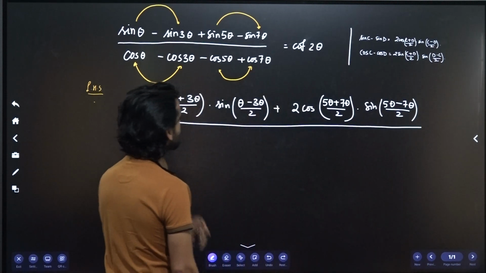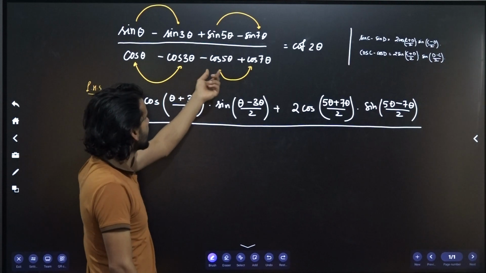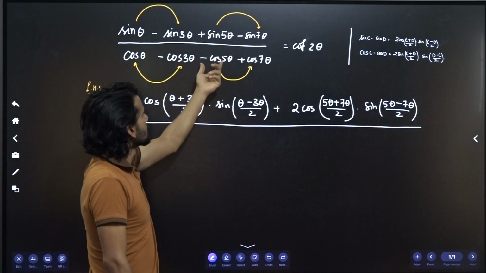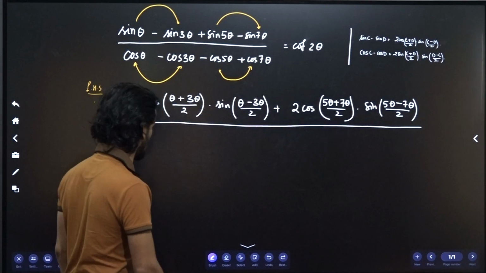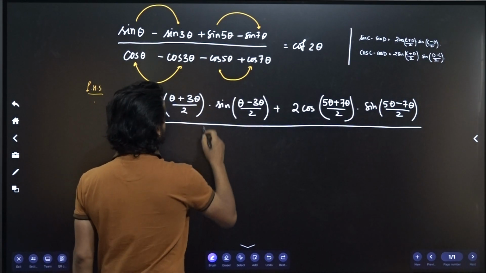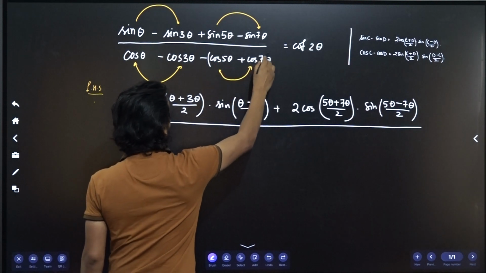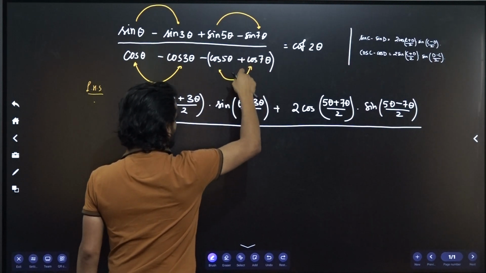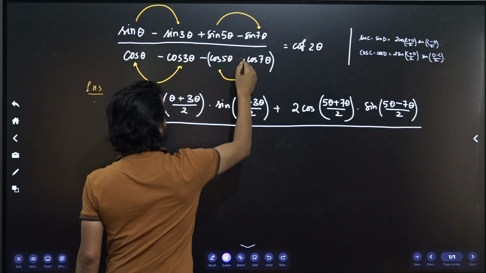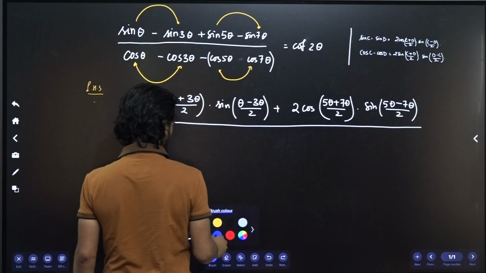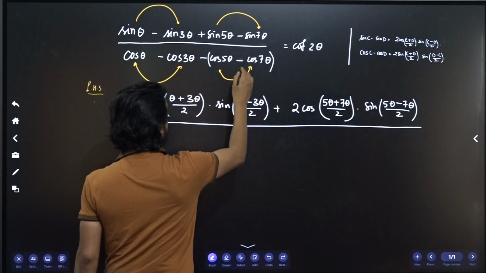There is a small thing that you have to be careful about, because there is a minus common. This is minus cos 5 theta plus cos 7 theta. So if you want to apply the formula here, you have to take minus as common.